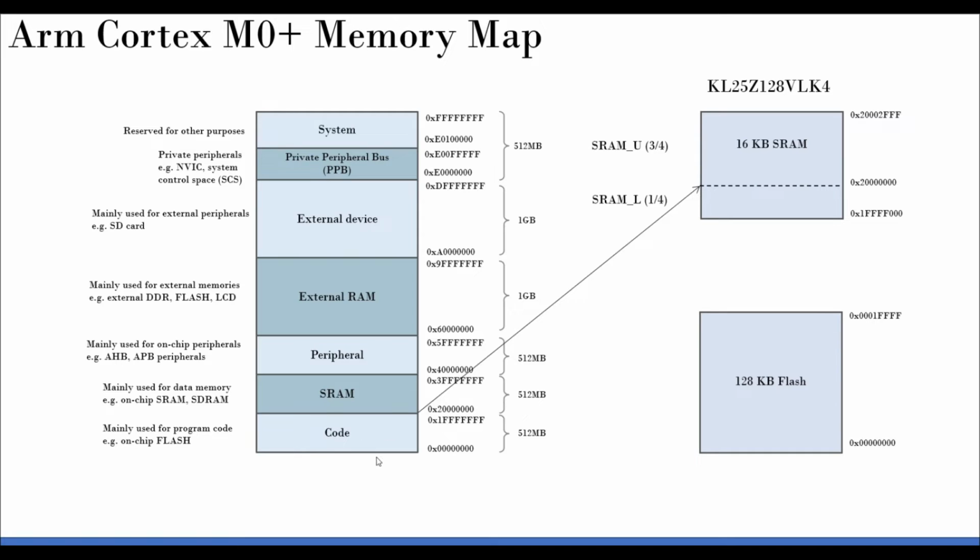So remember, the start address is this, end address is this, and among them various types of memories are there. But for the microprocessor, it appears to be a continuous address location starting from this to this. And among this, there are specific use cases for different memories. So this is the code memory, which will be mostly flash, and this will be on chip.